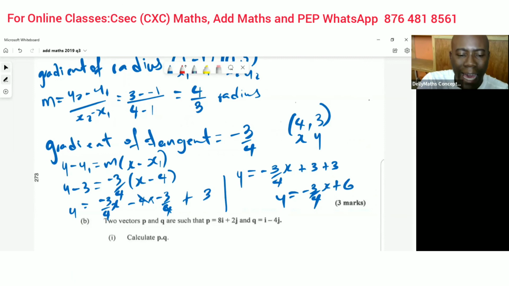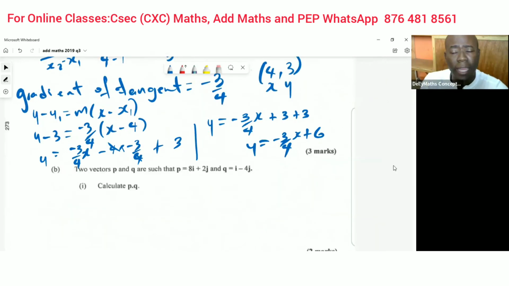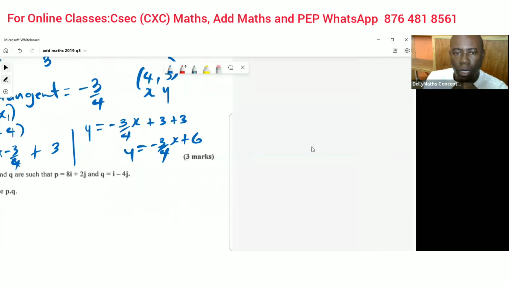So we're saying that is the equation of the tangent. That would be the equation of the tangent line to the curve. All right, that's the equation of the tangent line we're talking about. If we try to get rid of the fraction here, some people don't mind having it like this.